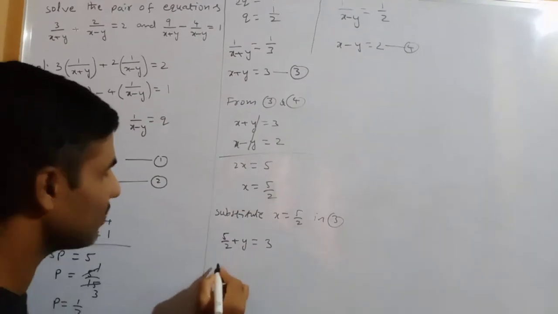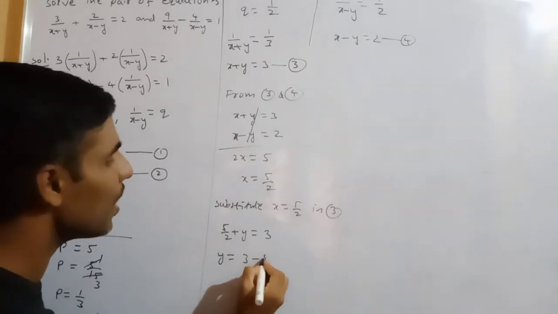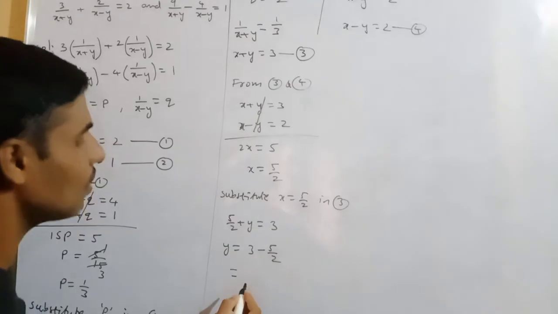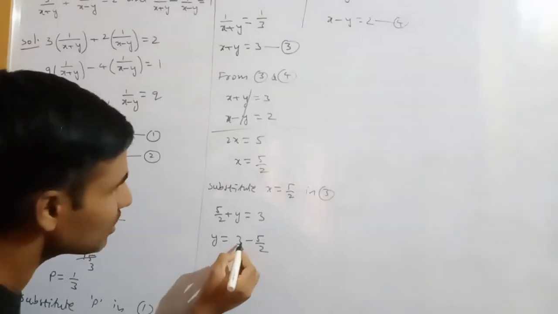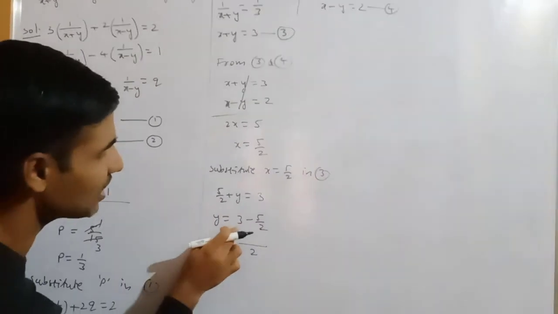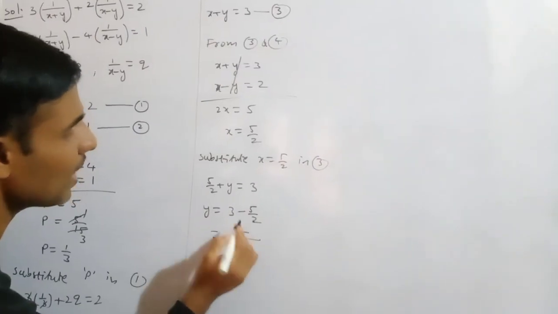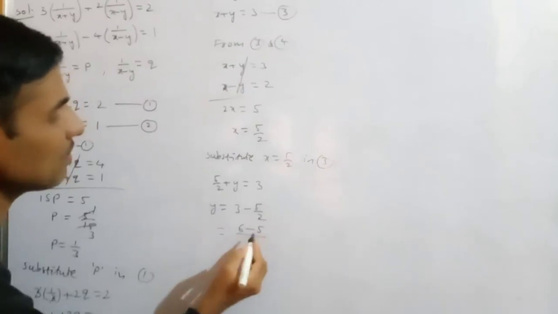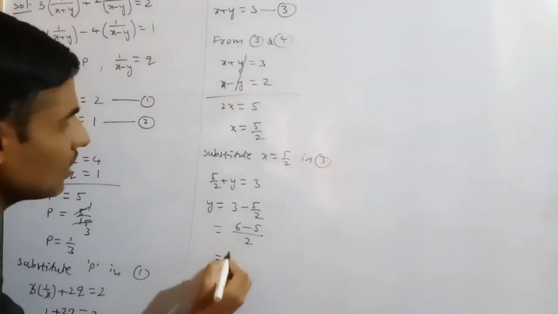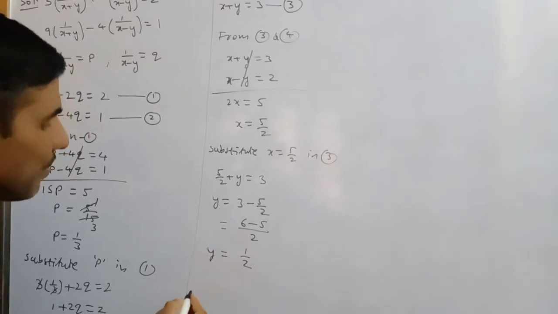Transport it to that side: y equal to 3 minus 5 by 2. The LCM is 2, and for y, any denominator not there should be 1. So 3 twos are 6, minus 5, 6 minus 5 equal to 1 by 2. y equal to 1 by 2.